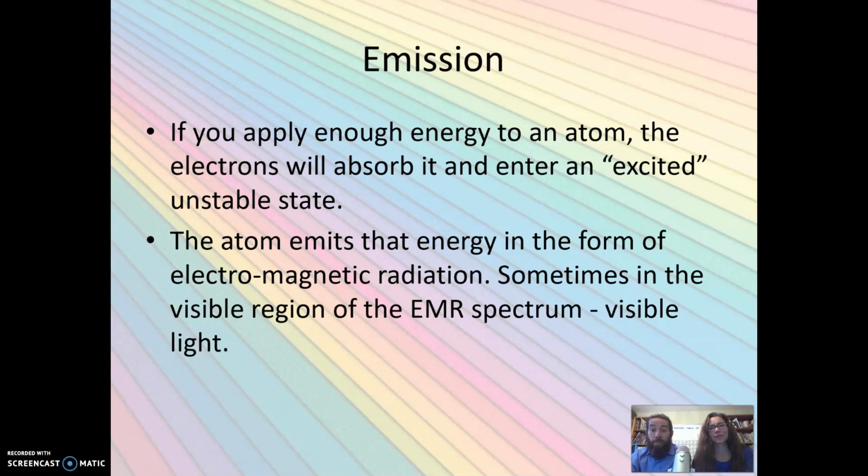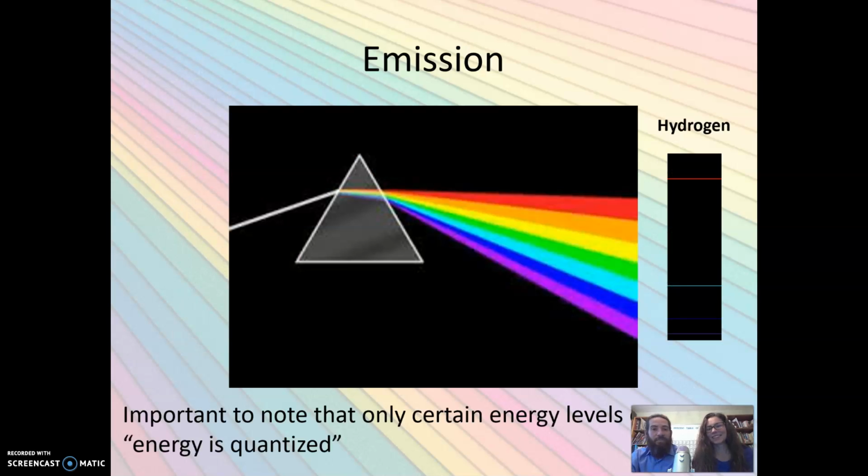When it goes back to the ground state, it releases that extra energy. Sometimes this energy is in the visible spectrum, and we can see it with our eyes. It might be in the infrared or the ultraviolet, and we wouldn't see it, but that energy is released. That's why we're seeing the different colors for these different salts.